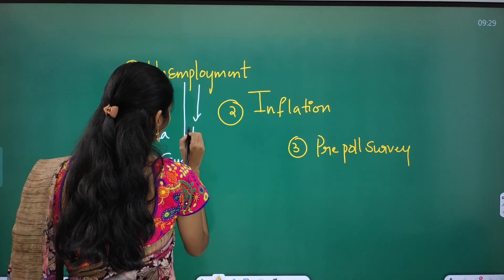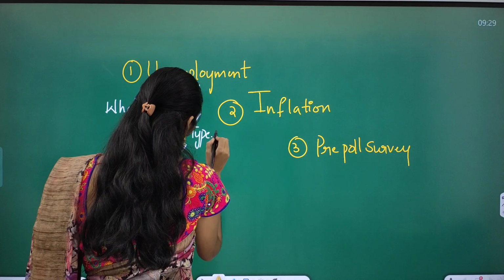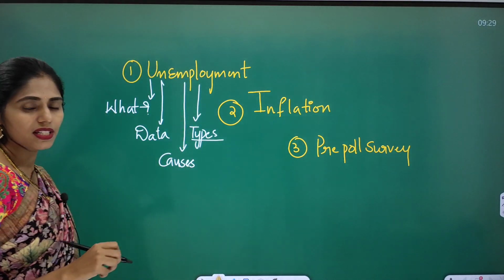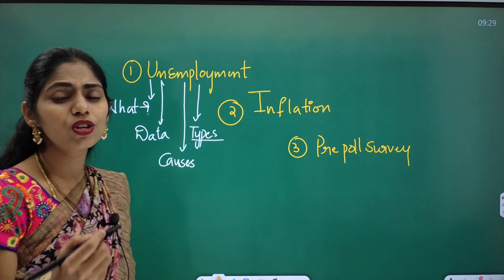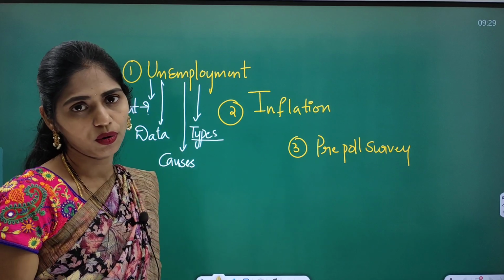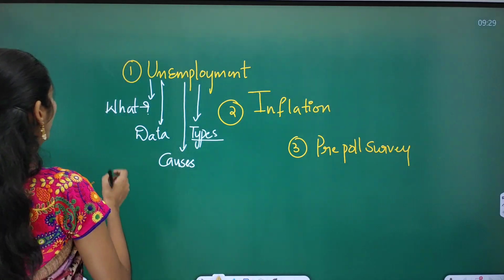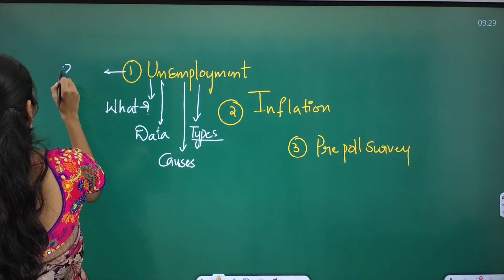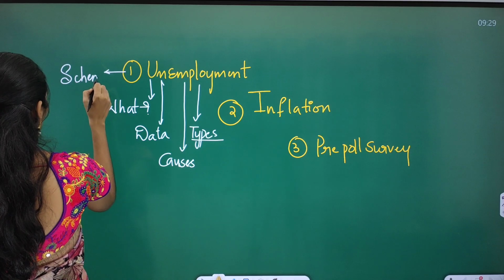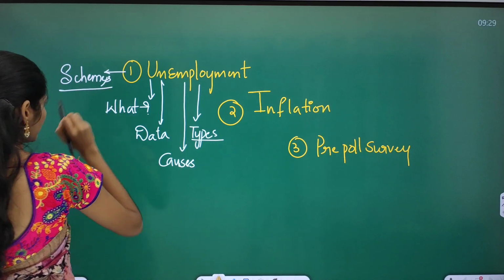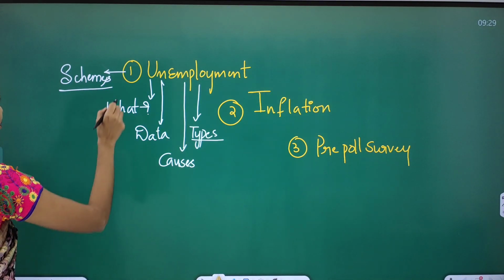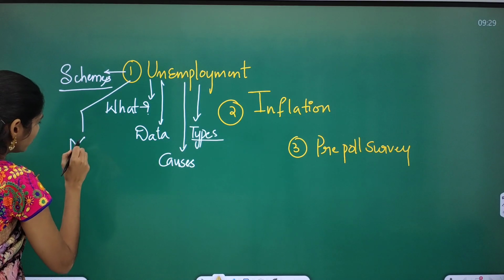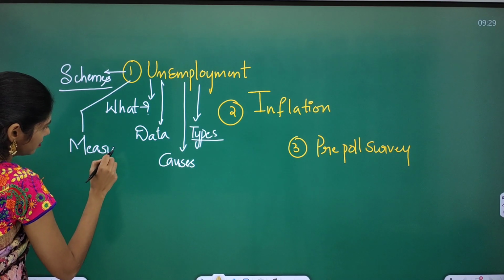Next, you can get questions on types of unemployment in prelims and mains, and even in the interview. Next are the government schemes addressing unemployment, and the measures that can be taken.